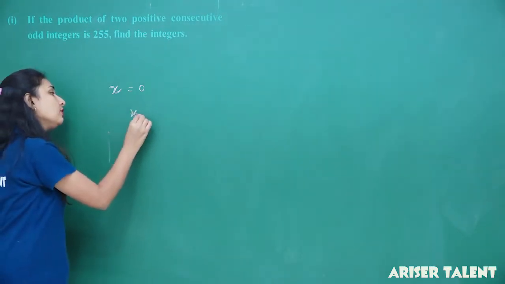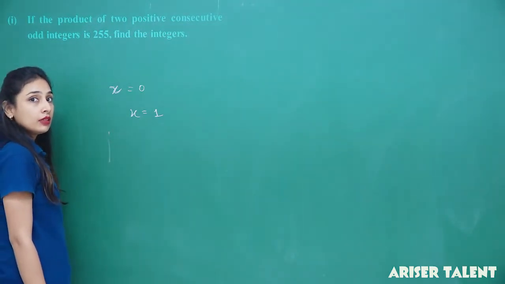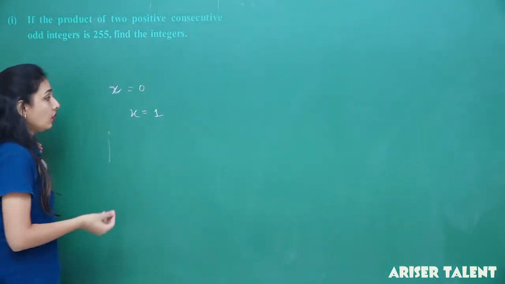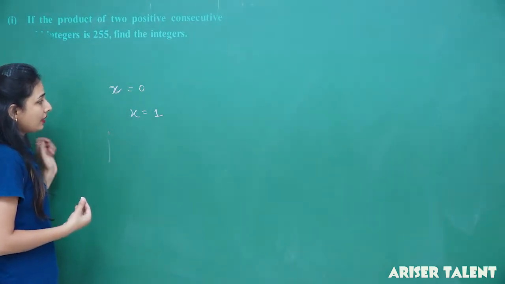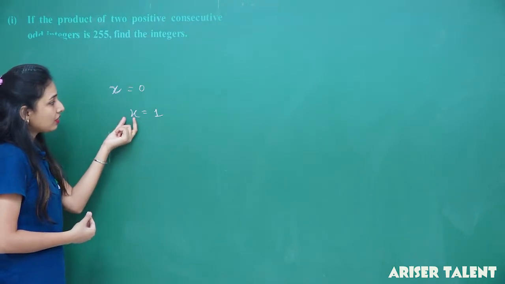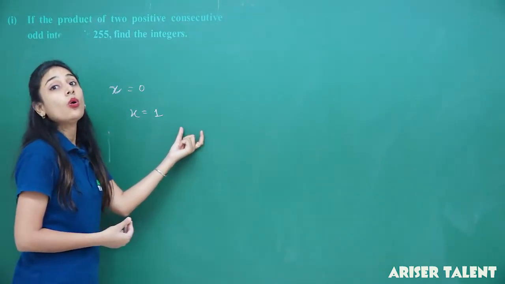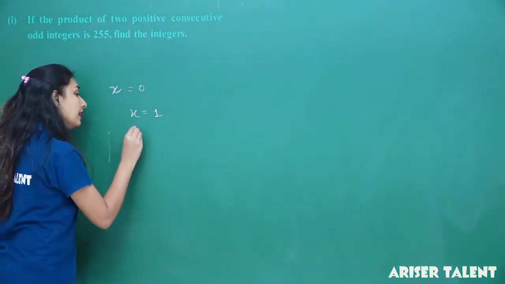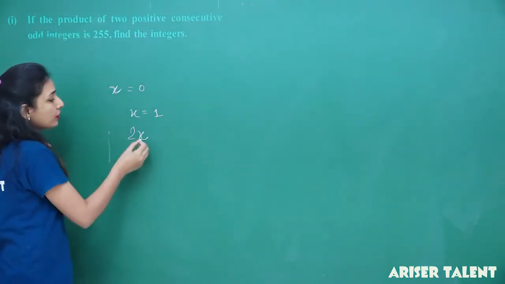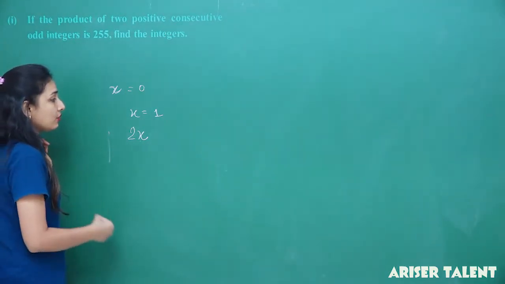So if x equals 1, so 1 will be an odd number. How can I make a variable so that I can have this value always equal to an odd number, right? So can I do 2x? Now if you put 0, it will become 0. Now 0 is not odd, so it's not working.